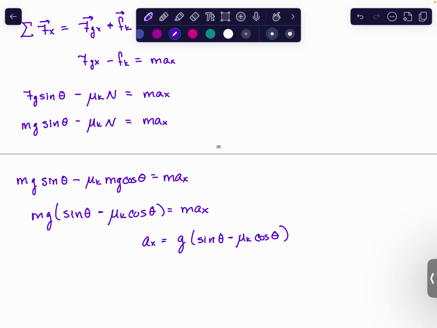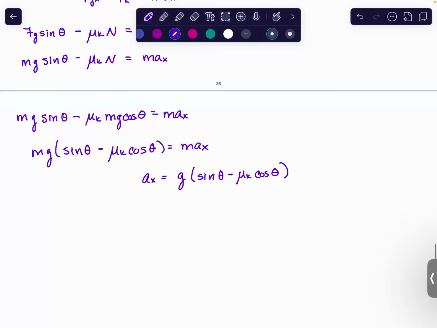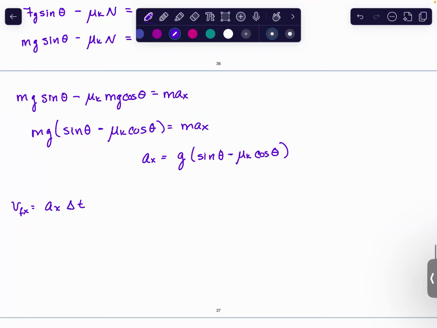So then I can go back to that equation for velocity, plug in my equation for acceleration. And the delta t will be easy because it's just the 0.9 seconds from the problem.